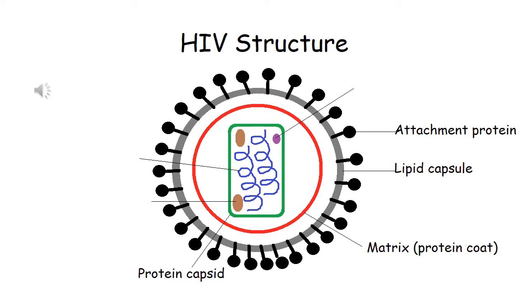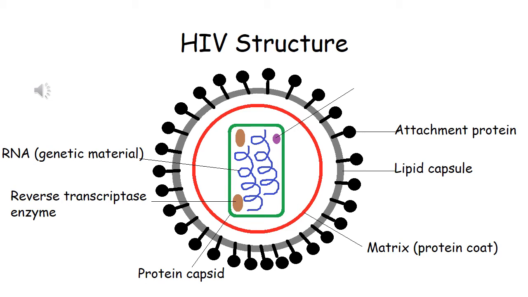The next thing to note is the presence of the RNA within the protein capsid. The RNA is the genetic material that enables the virus to replicate once it is injected inside the host cell. Reverse transcriptase is the enzyme that is responsible for converting the RNA into DNA.